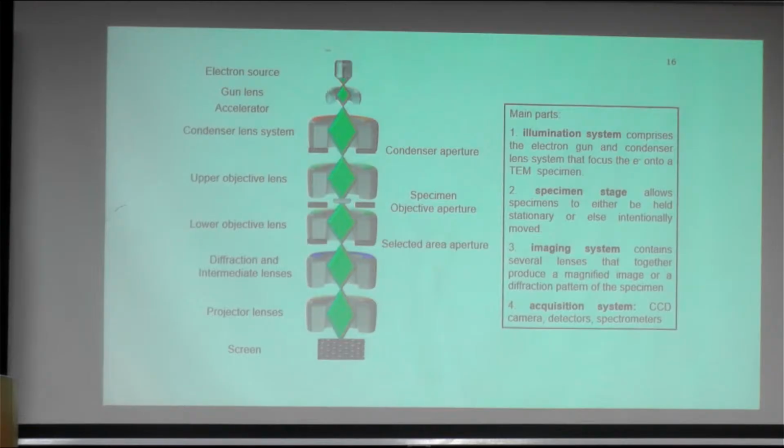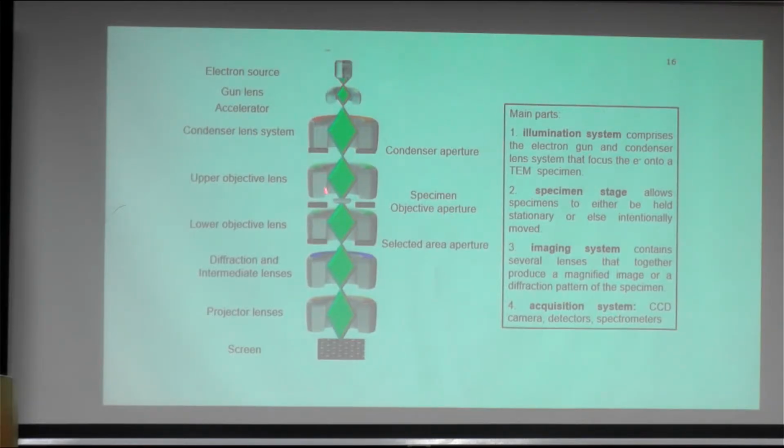Here, let's look more closely at our electron microscope. Here we have the electron source. Then we have gun lenses to focus your electron beam and then accelerate it, and then the beam goes to the condenser lens. There, it's transformed further to the objective lens, which is a very important lens in the TEM.